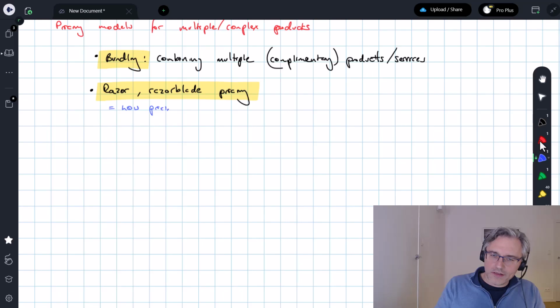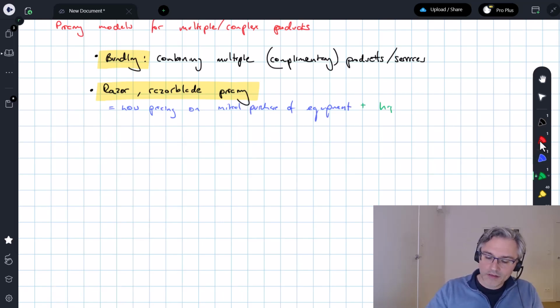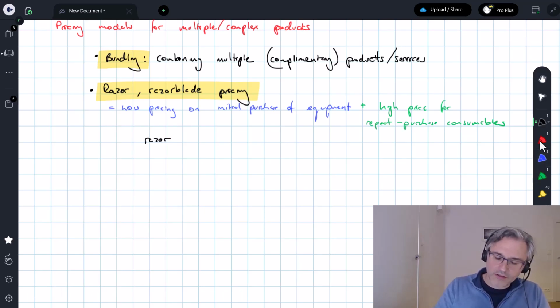Charge a low price on the initial purchase of some equipment, but then charge a relatively high price, or a price involving a high margin, for repeat purchase consumables. And this way of pricing, I think, was first done with respect to razors, where razors are relatively cheap, but the razor blade doesn't have to be.